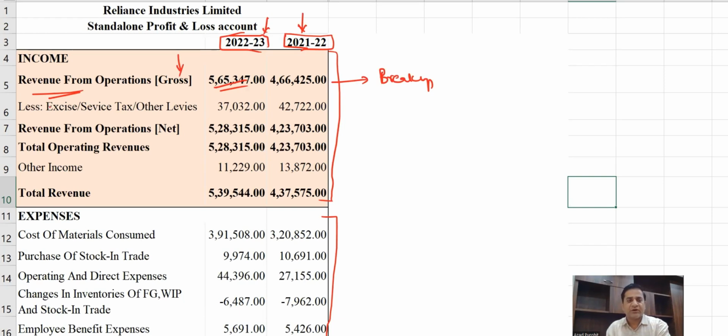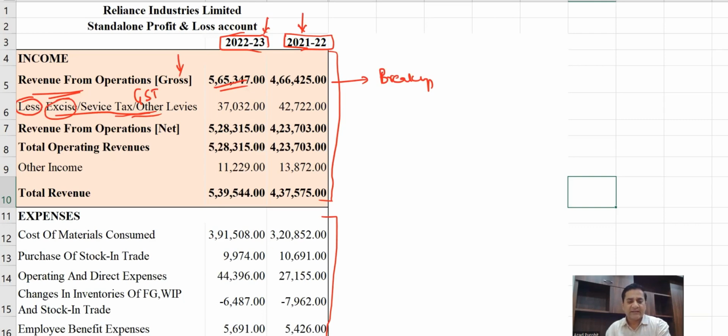Out of this gross revenue, I need to make adjustments towards the different taxes, right? Now, as we know, Reliance Industries produces and sells petroleum products, so the company has to pay excise duty on whatever is produced. Similarly, it is into providing services also, therefore it is supposed to pay GST, or goods and services tax, which is applicable on the services provided.